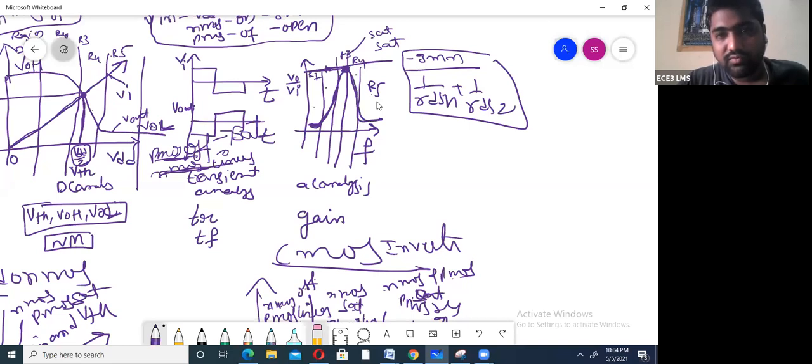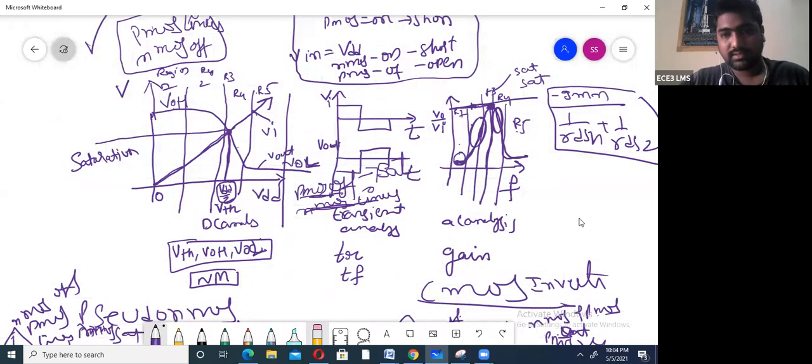In regions 1, 2, 4, 5 we are not finding the gain; if you find the gain there, you will not get maximum gain. Maximum gain is obtained when it is operated in the saturation region. So at region 3 only we have to find the gain. At region 3, input is identical to the output, both the transistors are in the saturation region, and at that point you will get the maximum gain value.